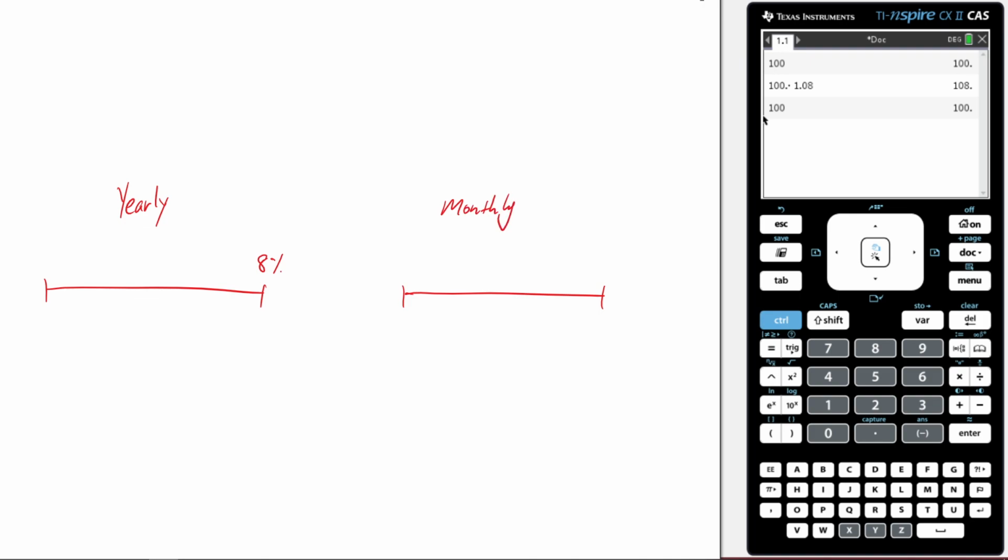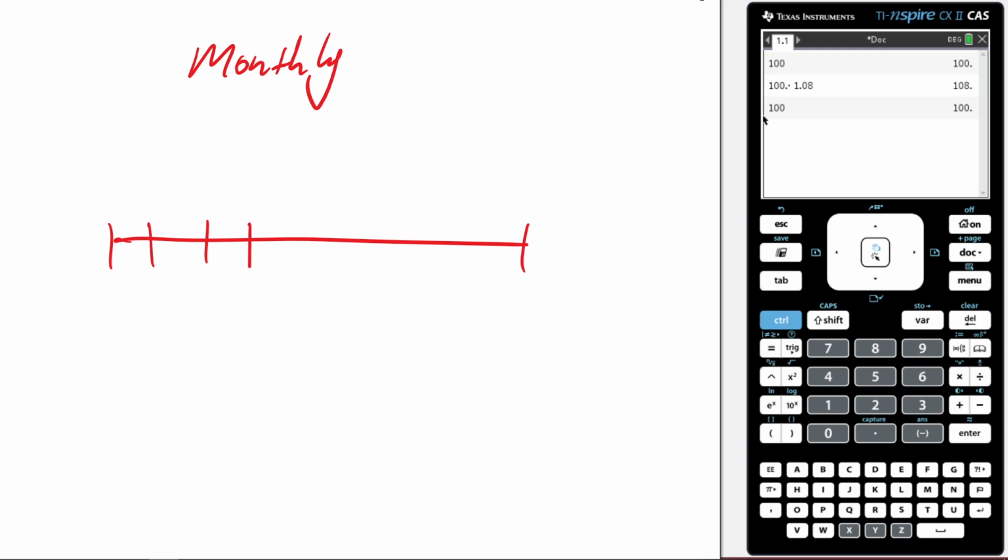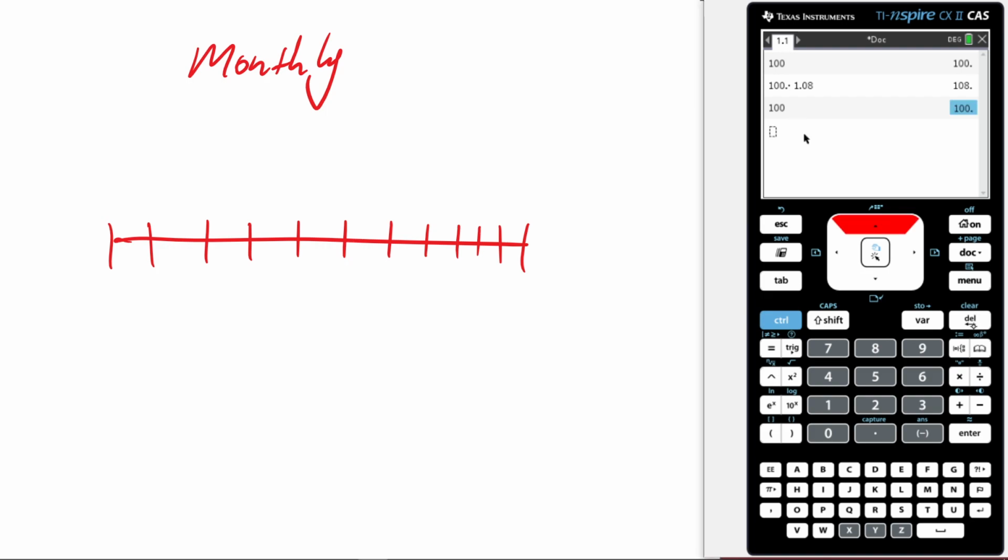Monthly means that you're going to be calculating the interest every month. So if I was to do this, 1, 2, 3, 4, 5, 6, 7, 8, 9, 10, 11, 12. Every month, you're going to be calculating that interest, and that interest is 8 divided by 12. And remember, we're going to round that to 0.7.